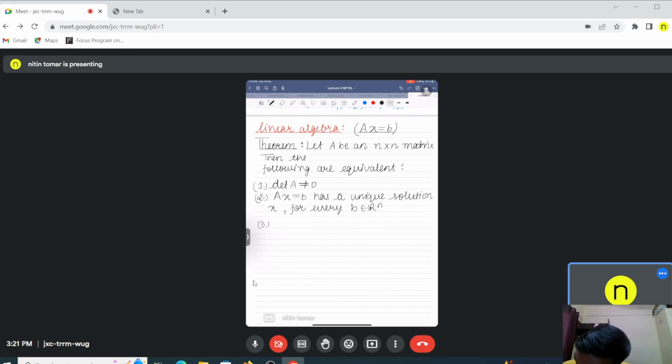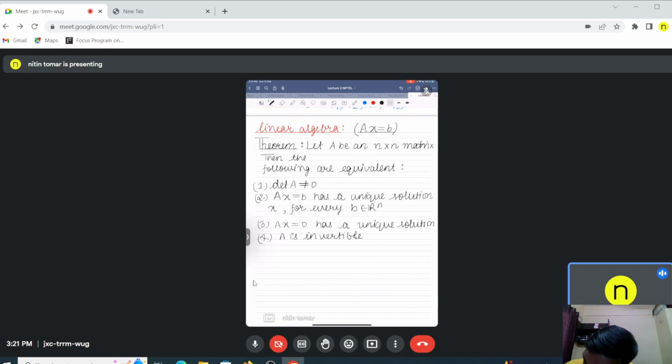Third, Ax equal to 0 has a unique solution. You must have seen these statements before, right? Yes, sir, already seen. But we'll do the proof. And finally, A is invertible. What do we mean by invertibility?